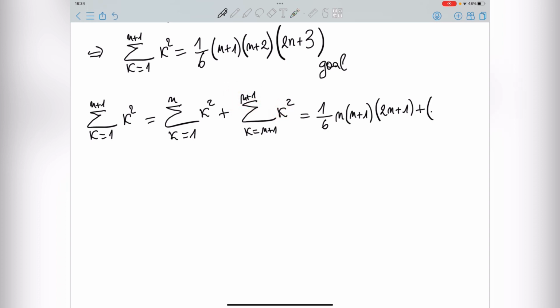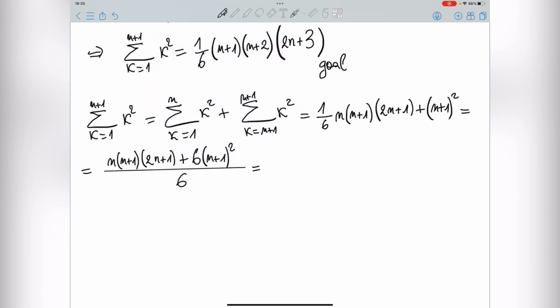So this is equal to (n plus 1) squared. Now we're going to put them on the same denominator, so we have n times (n plus 1) times (2n plus 1), plus 6 times (n plus 1) squared.